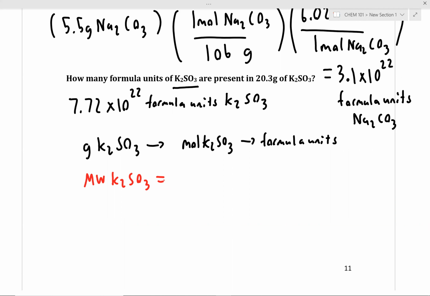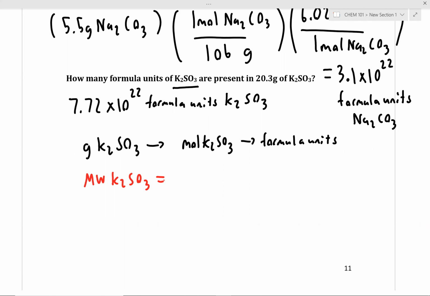And how many potassium atoms do we have? 2. To help us along, sulfur is about 32.0 grams. And oxygen, we've already seen, is 16.0 grams. And how many oxygens do we have in potassium sulfite? 3.